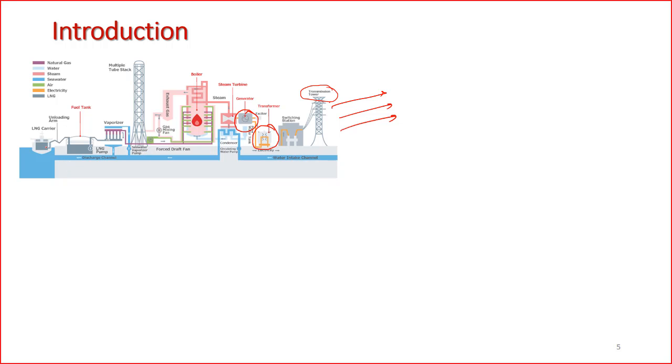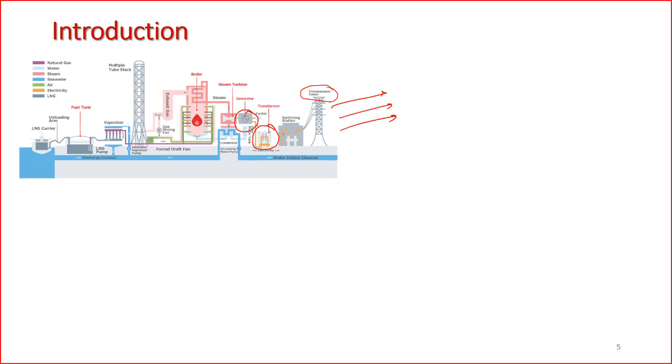But actually this generator is being run by this turbine. This is the steam turbine, and the turbine gets energy from steam, and the steam is generated by the boiler. That means the steam gets heat energy by burning the gas.